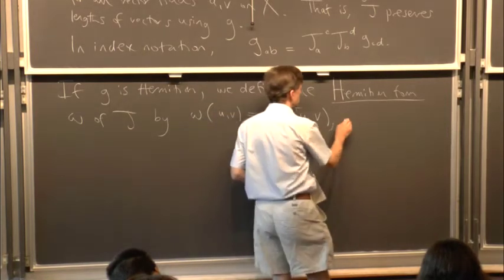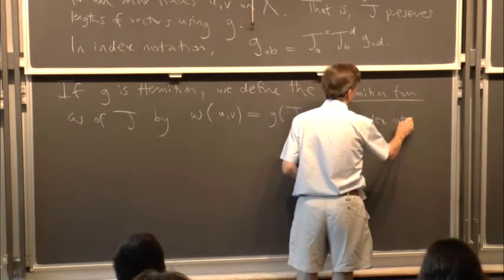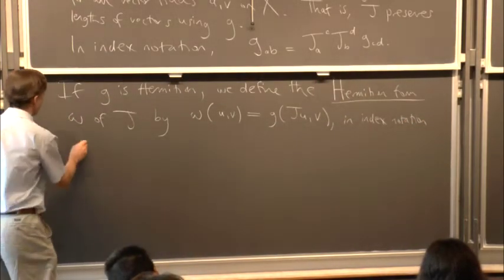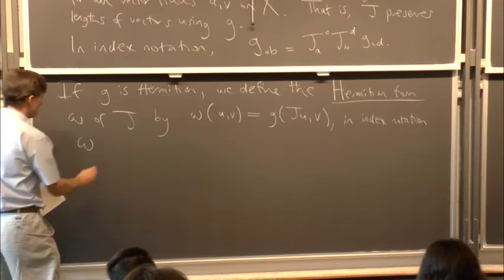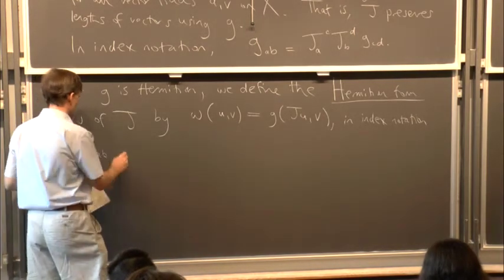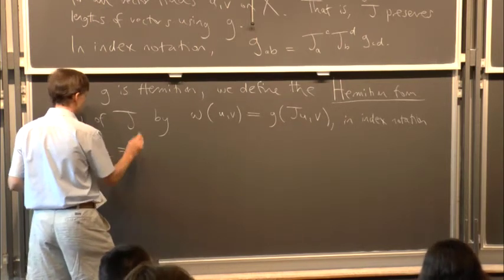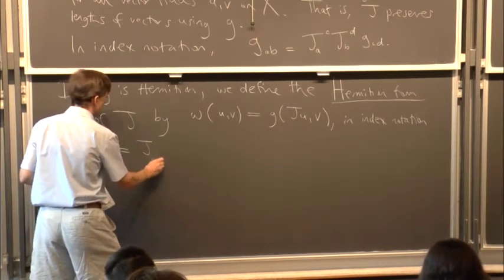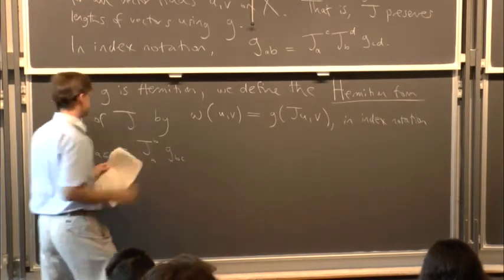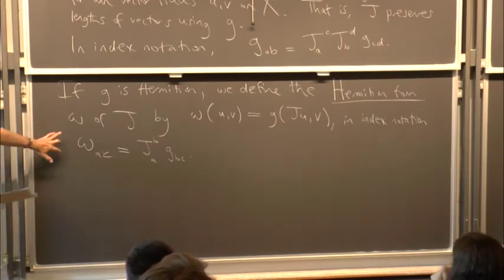So in index notation, omega is a tensor with two lower indices A and B, where omega_AC is J_A^B g_BC. So it's a tensor of that type.